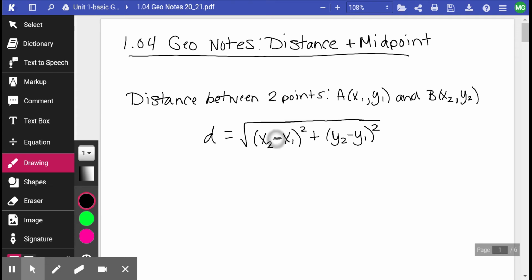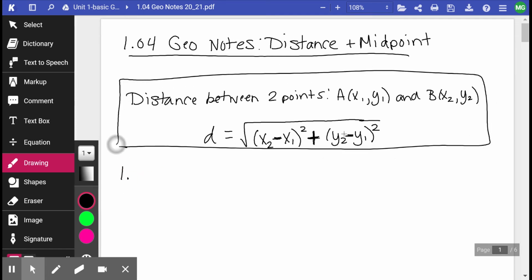If you have the two subtractions inside the parentheses being squared, even if those end up negative, once they're squared they become positive. And no matter what, when we add two positives, we still get a positive. Okay, so that is the distance formula.